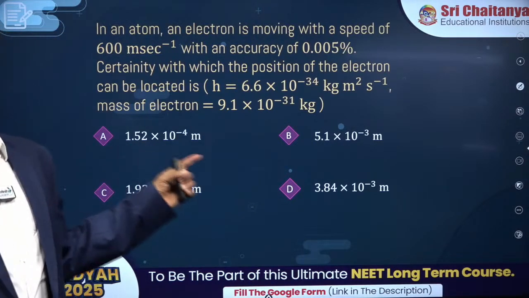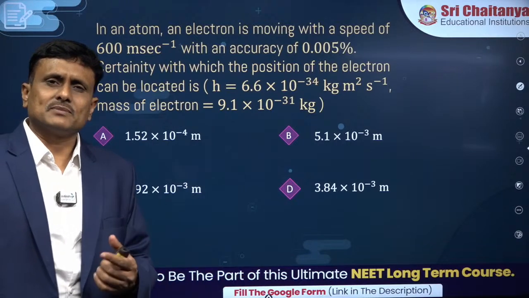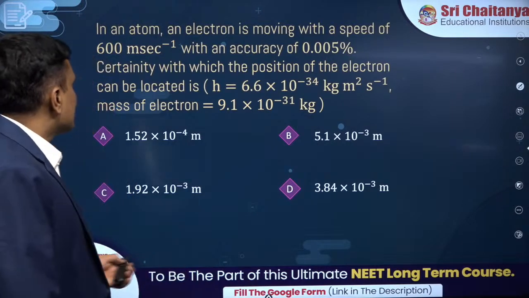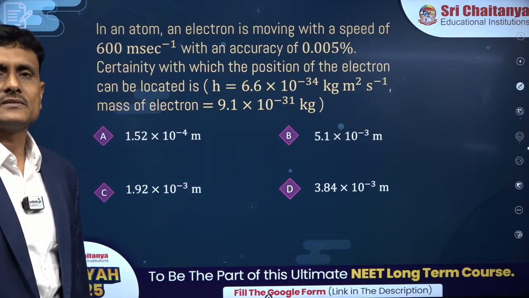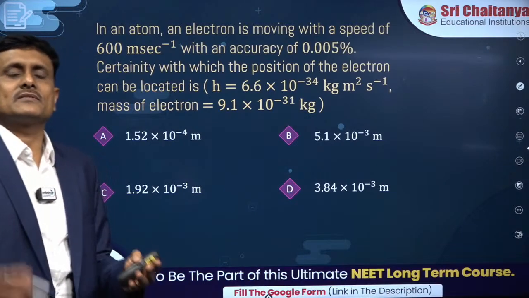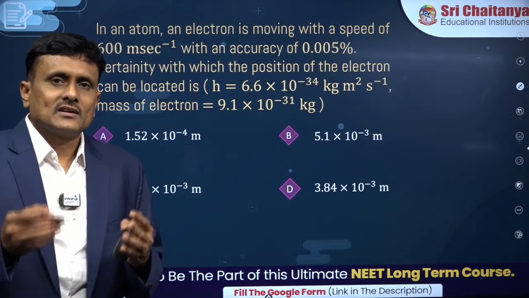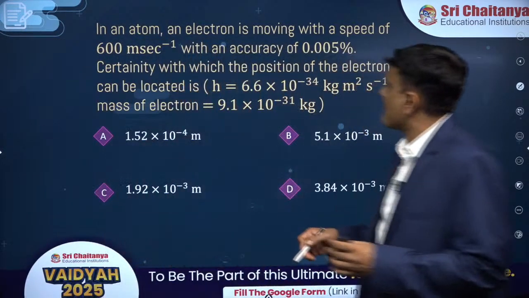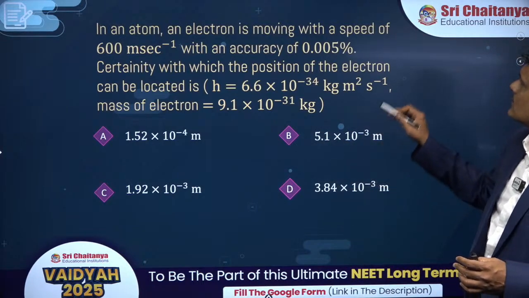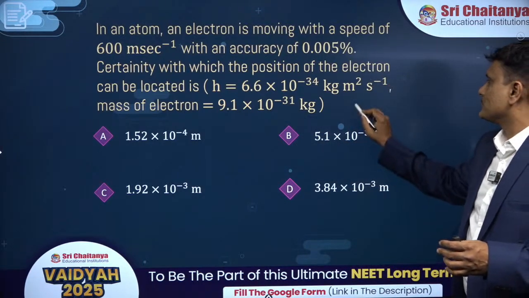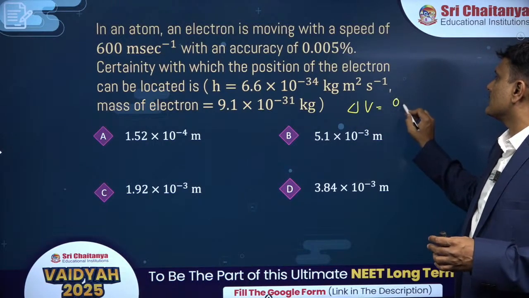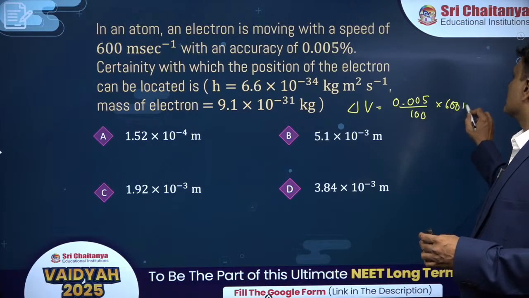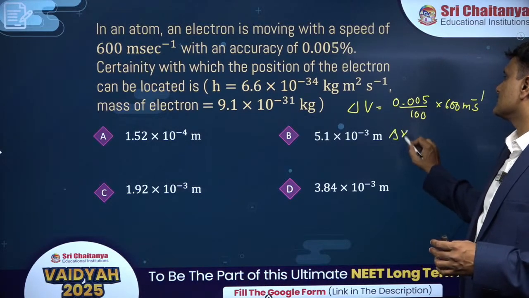In an atom, this question is from the structure of the atom. Simple question, right? Heisenberg uncertainty principle. Now we can see that with an accuracy of 0.05%, that means there is a scope of error of 0.005%. Sorry, that means here uncertainty in what is that actually? You have to find out for an electron moving with a speed of 600. So delta V will be 0.005 by 100 times 600 meters per second, and delta X is asked.